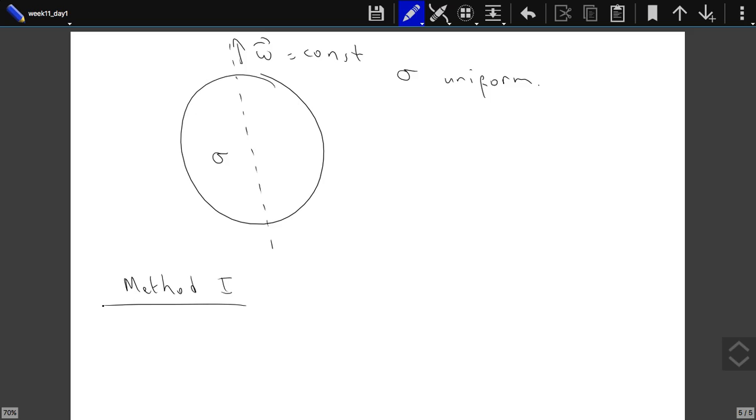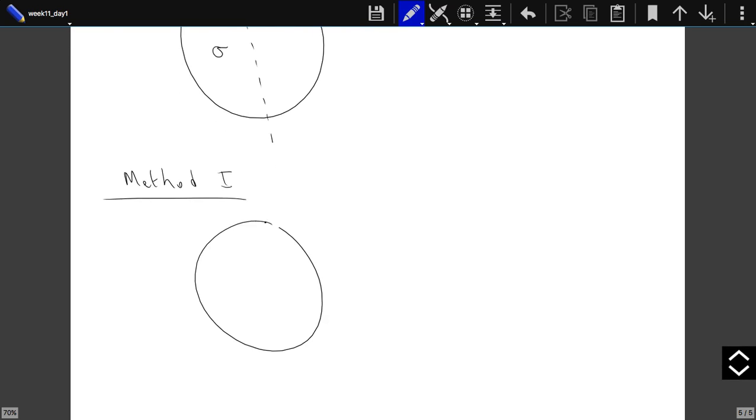Let's first proceed with the simpler derivation, which we can use in this case. So this is my sphere. I will divide it into very small rings. I will just pick up one of them, this one, let's say. It corresponds to some angle d theta.